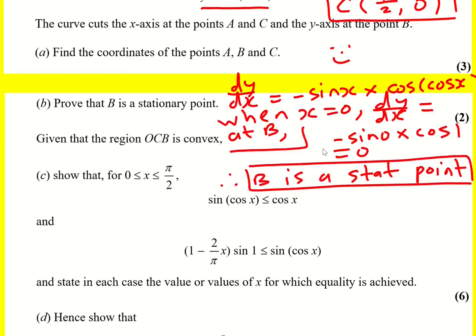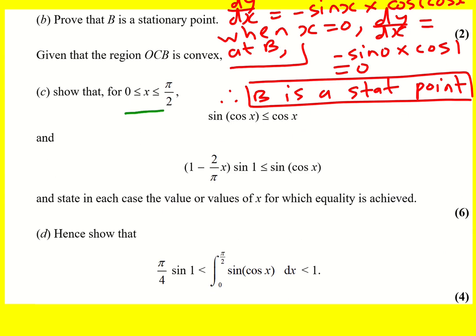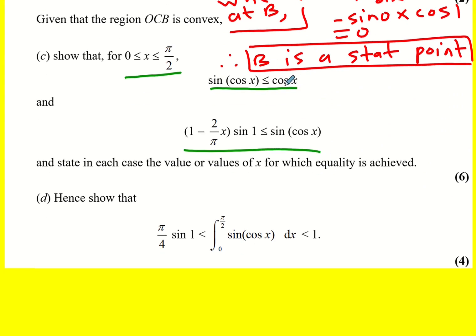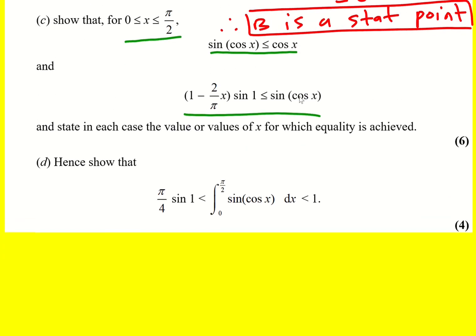We're then asked to show two inequalities on the interval 0 to pi over 2. For the first one, if you forget the cos x for a second, we're looking at the fact that sine x is less than or equal to x. That is related to the small angle approximation for sine.